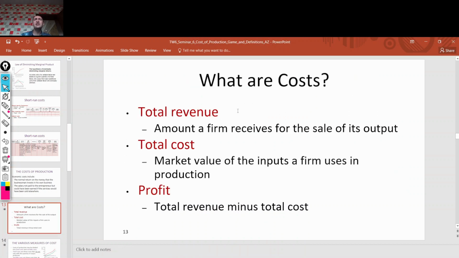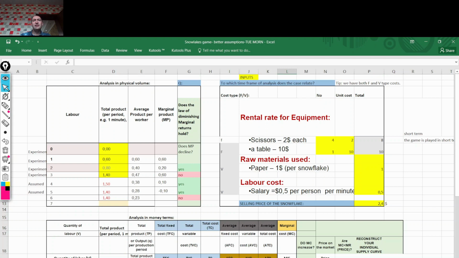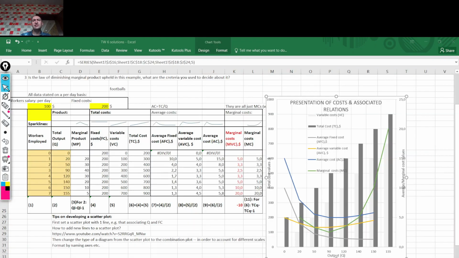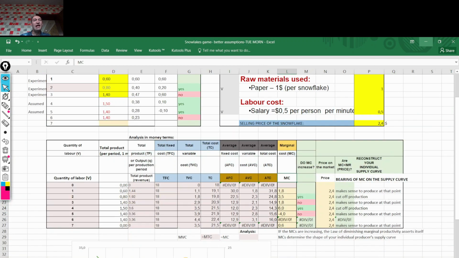Then we were discussing, in our case of the snowflakes game, the costs: the totals, the averages, and the marginal cost. Also in the simplified exercise for your tutorial, the same thing: the totals, the average, and one species of marginal cost, just one, because I showed you they're the same.